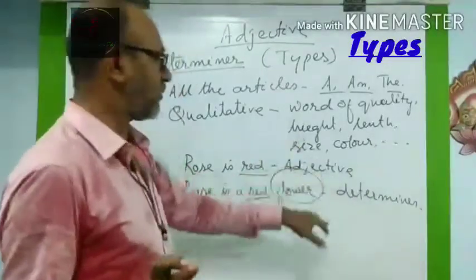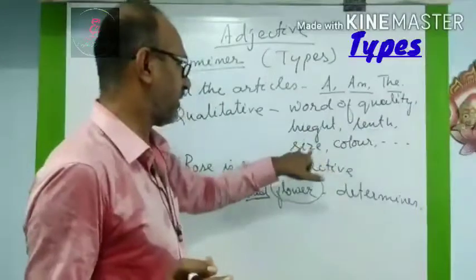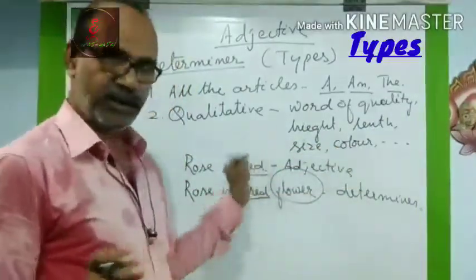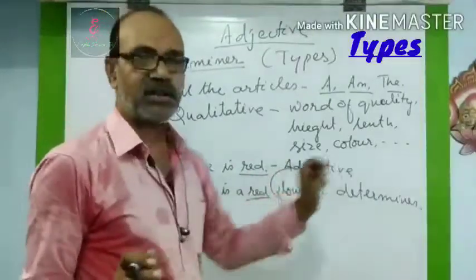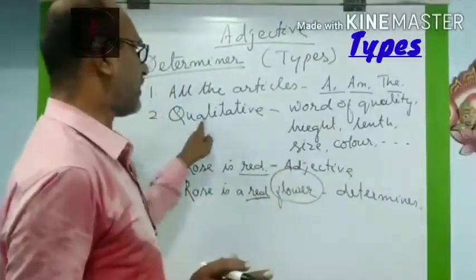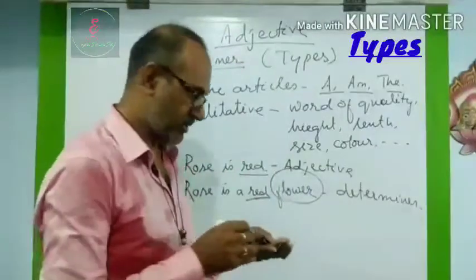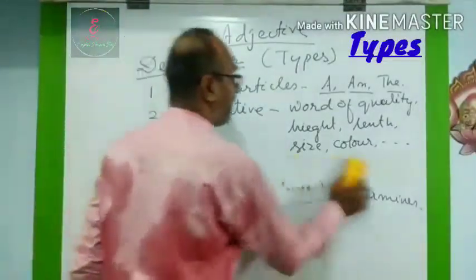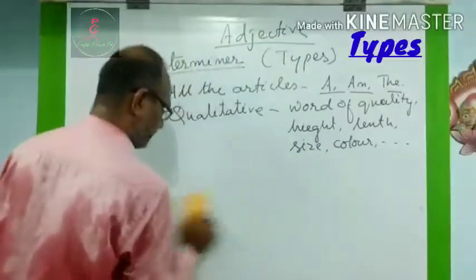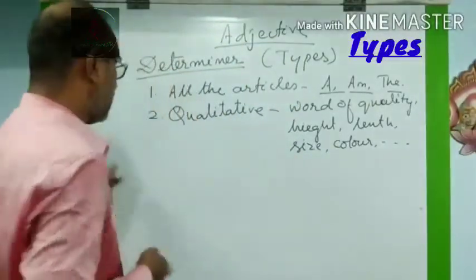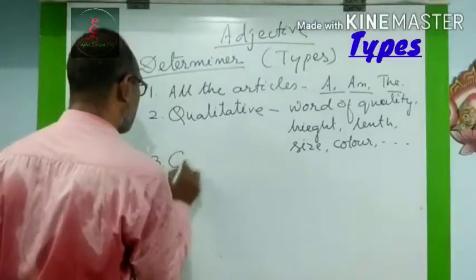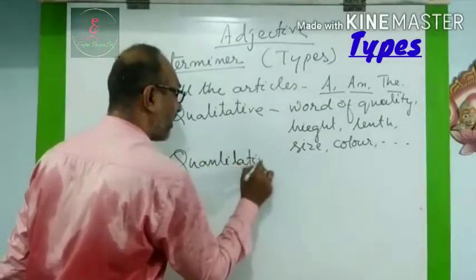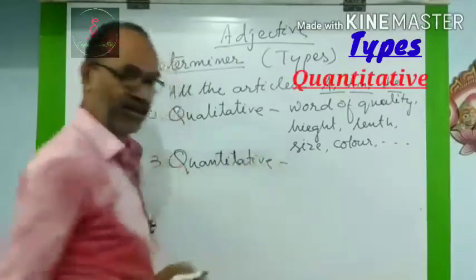So any such word of height, length, size, color, if used before any noun, will be known as a determiner, and that is called a qualitative determiner. Now the third one is quantitative.